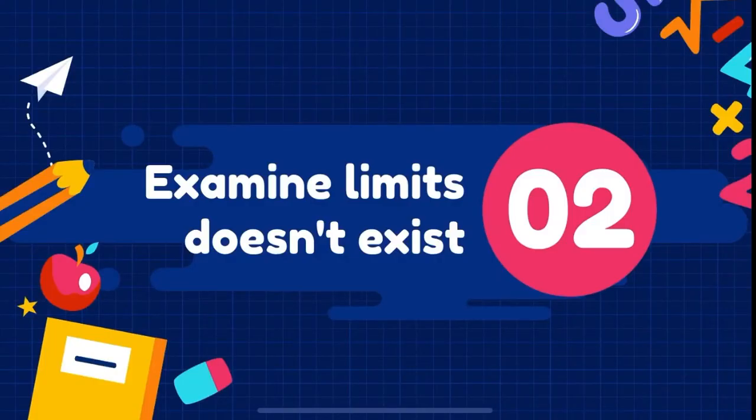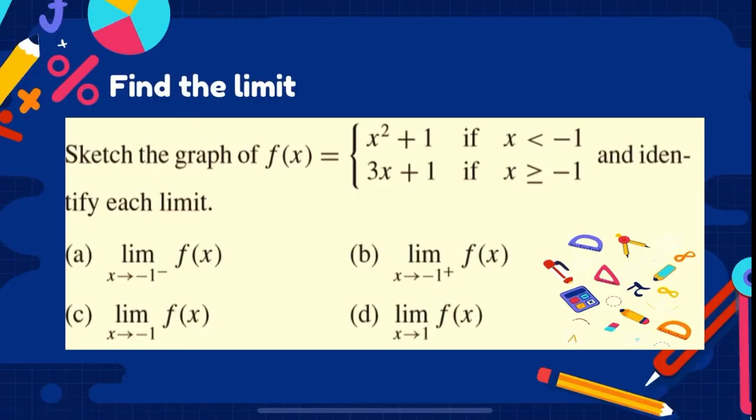Now let's take another example where the limit doesn't exist. So in this example, it says that f of x is equal to x squared plus 1 when x is less than negative 1, and f of x is equal to 3x plus 1 when x is greater than or equal to negative 1.